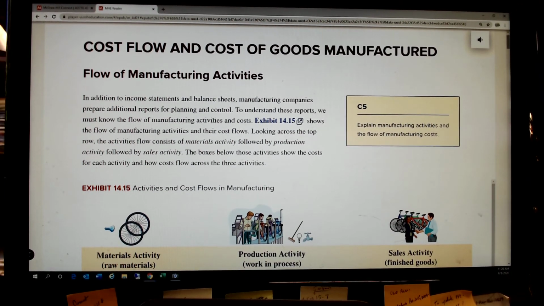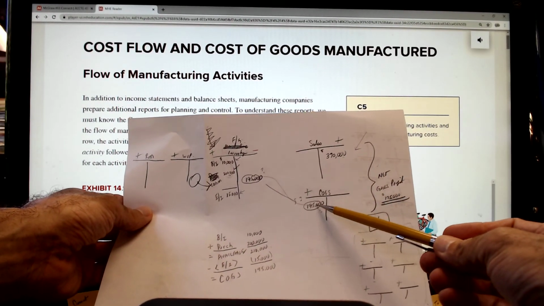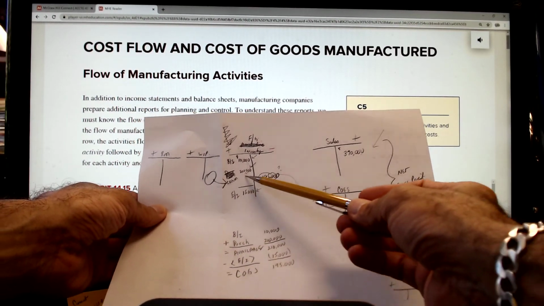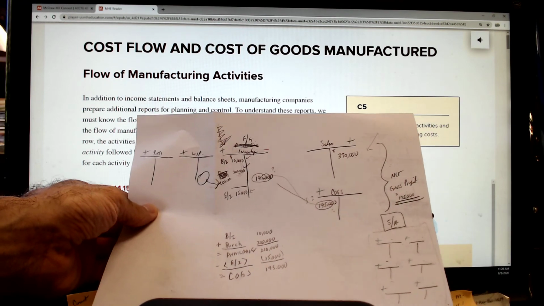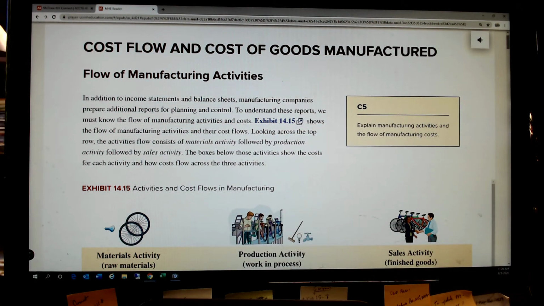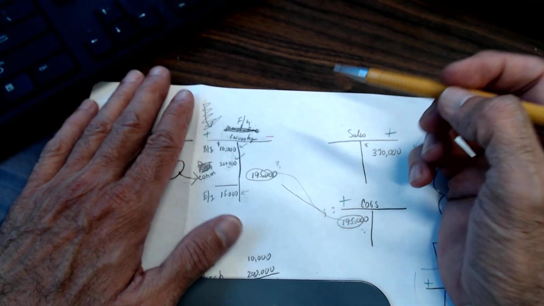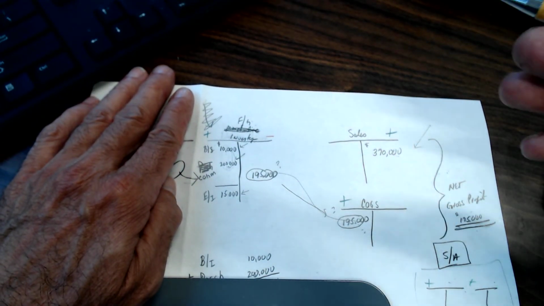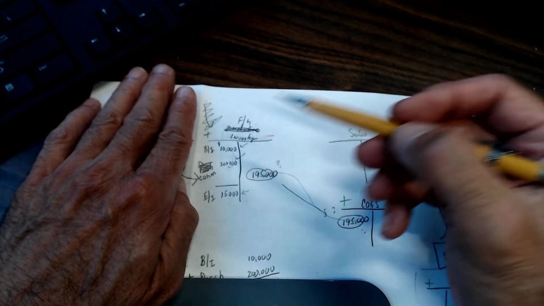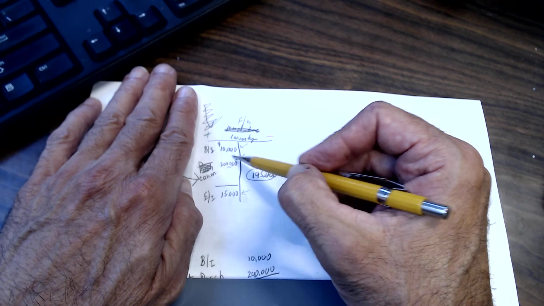And just to give you an idea of where we're going with this: for a merchandiser, someone who does not manufacture it themselves and they just buy it, this is purchases, this is merchandise inventory, and this is just purchases.